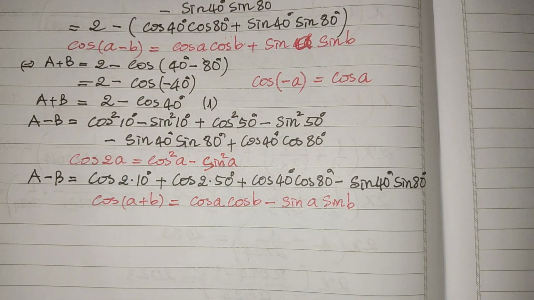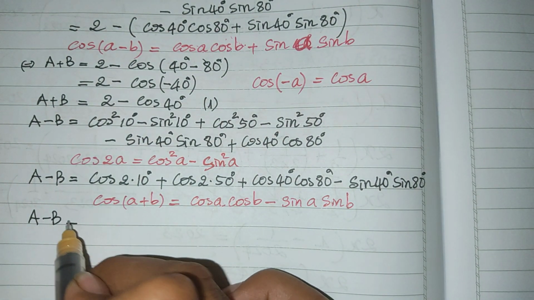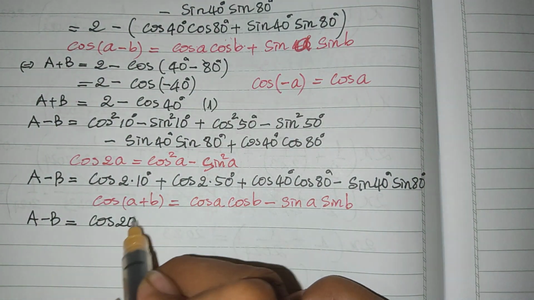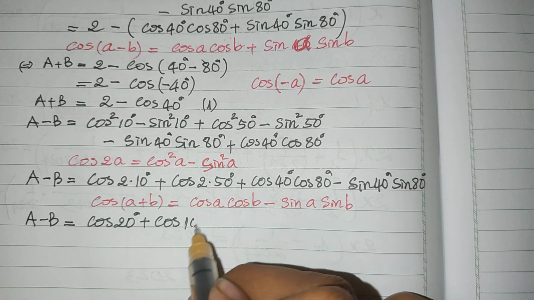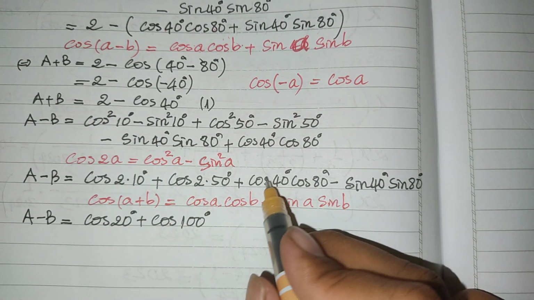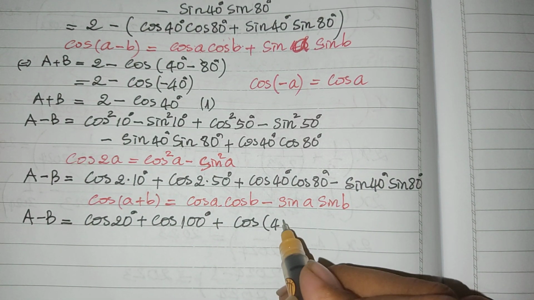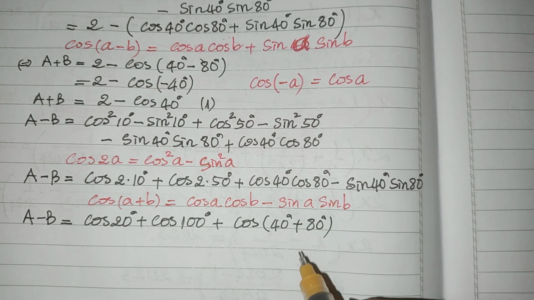So using the formulas, we get a minus b is equal to cosine of 20 degrees plus cosine of 100 degrees, and for this it is equal to cosine of 40 degrees plus 80 degrees.